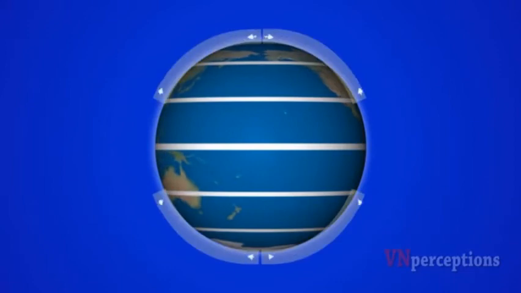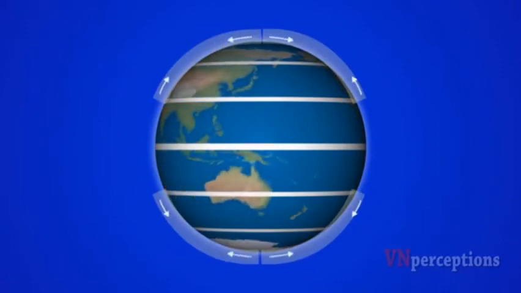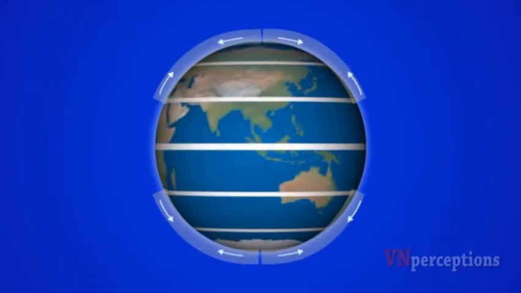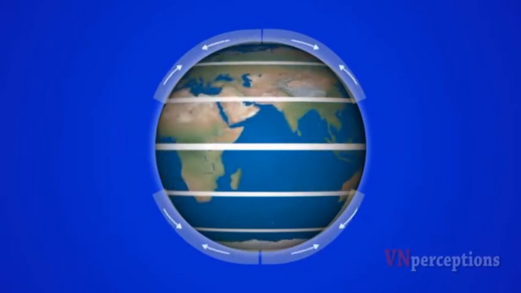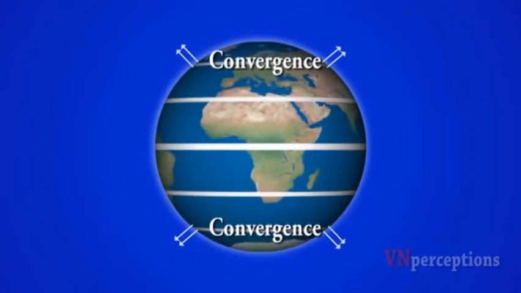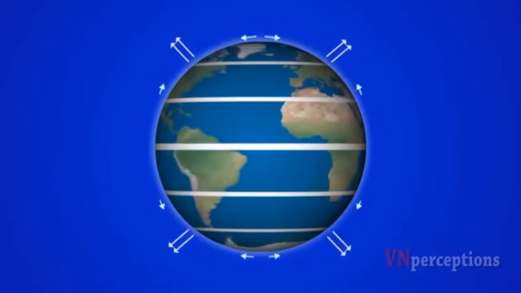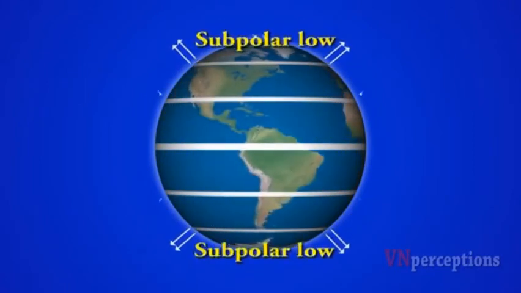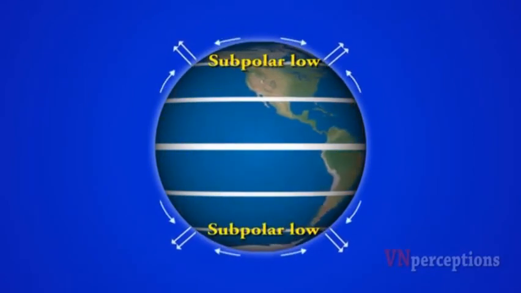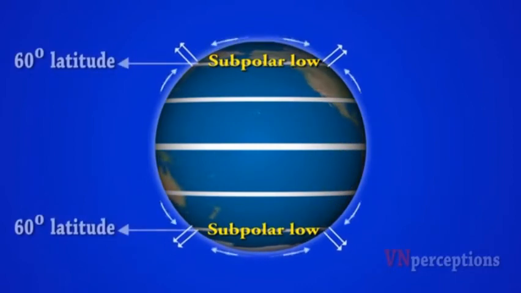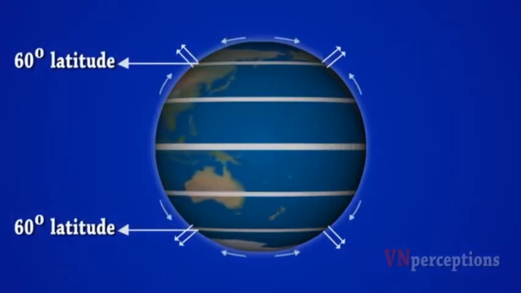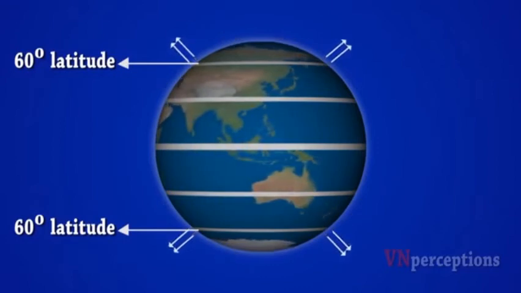At this point, we have air coming from north and south. So, at this point, the air converges and rises up. These regions are known as subpolar lows. So, at 60-degree latitudes, we have a low pressure system because we have rising air.